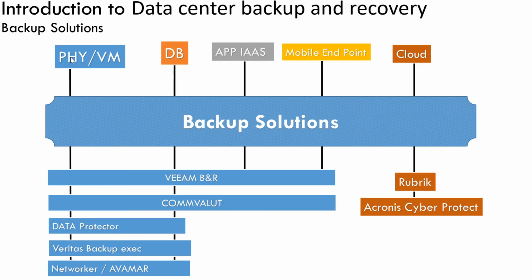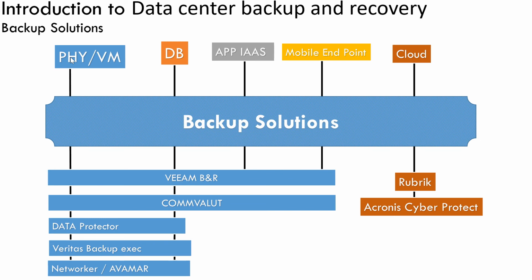Okay, the backup solution, as all of us know, for the data center administrator or virtualization administrator. We have many backup vendors, for example Veeam, Commvault, Data Protector, Veritas, NetWorker, Avamar. Okay, it depends on what you need in your environment.